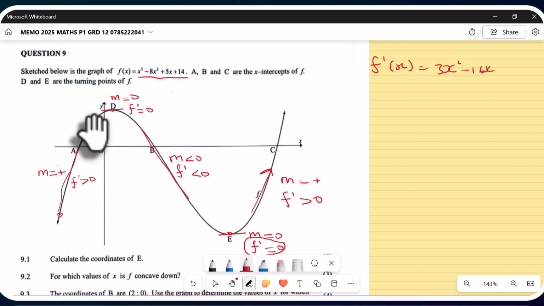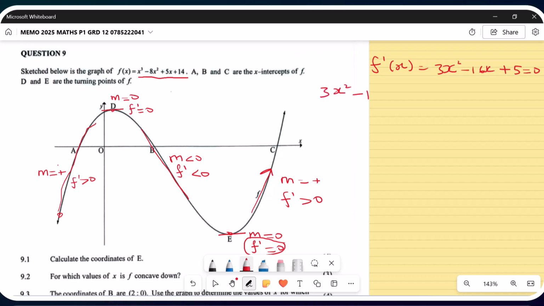Hope we are together. So I have to solve 3x squared minus 16x plus 5 equals 0.